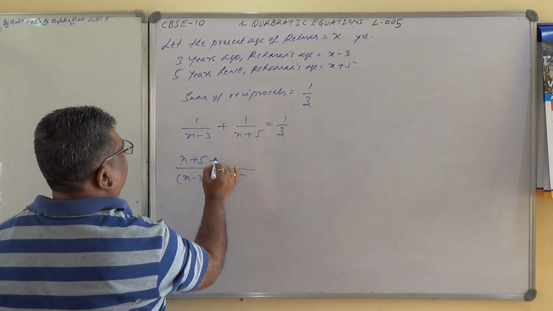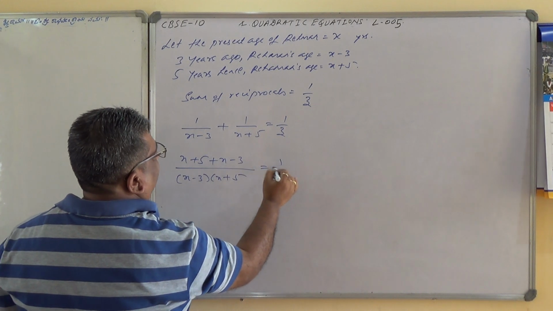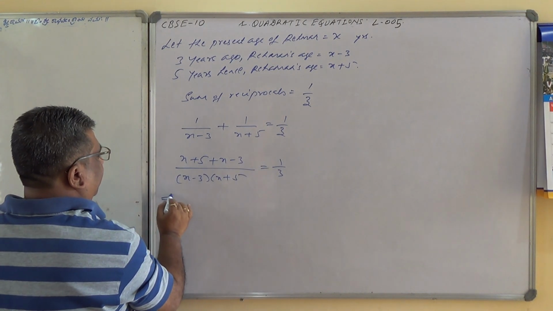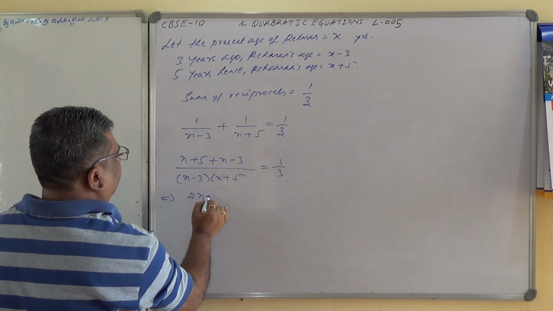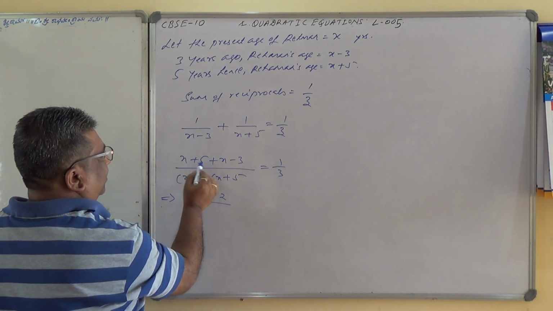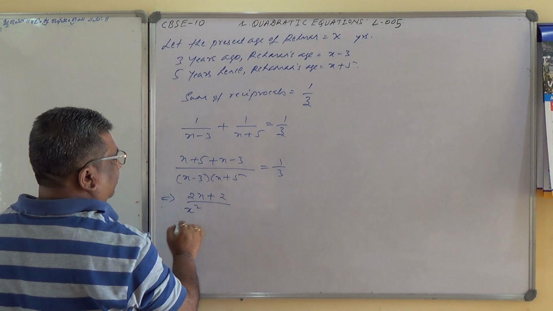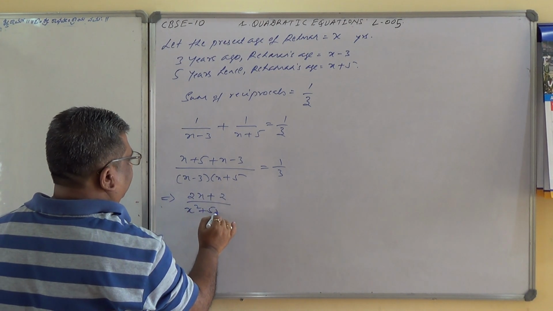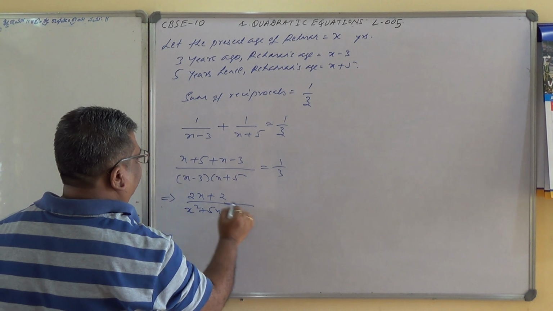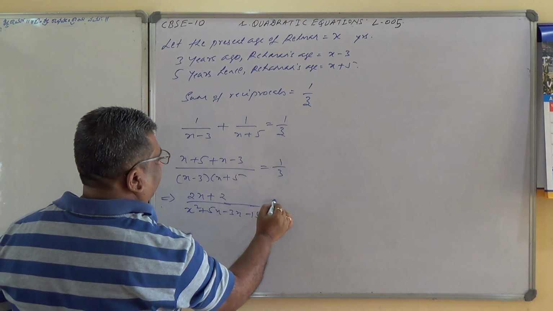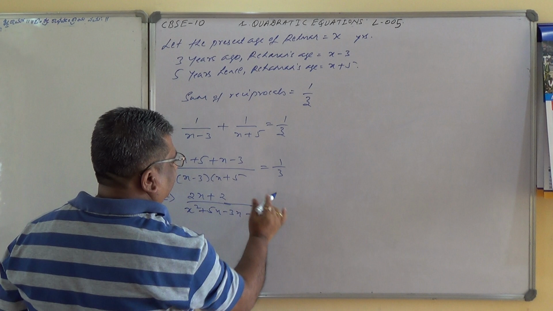So x plus 5 plus x minus 3 over the product equals 1/3, which implies 2x plus 2, since 5 minus 3 is 2, over x square plus 5x minus 3x minus 15 equals 1/3.